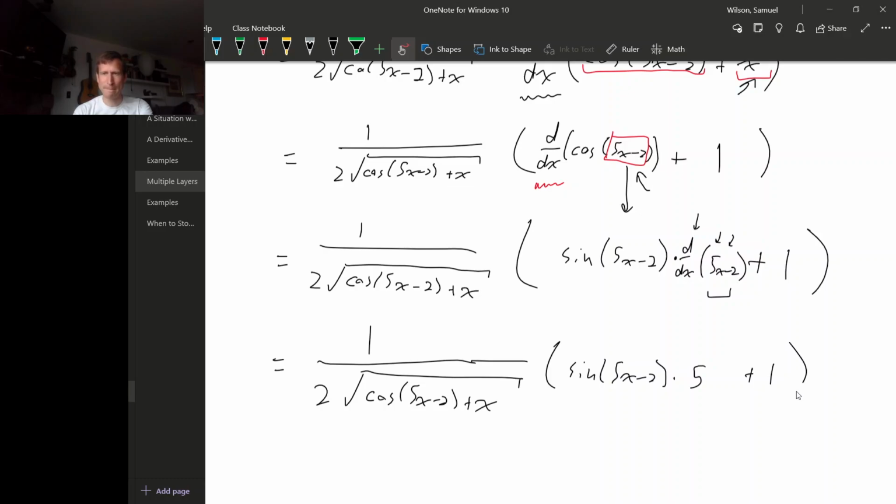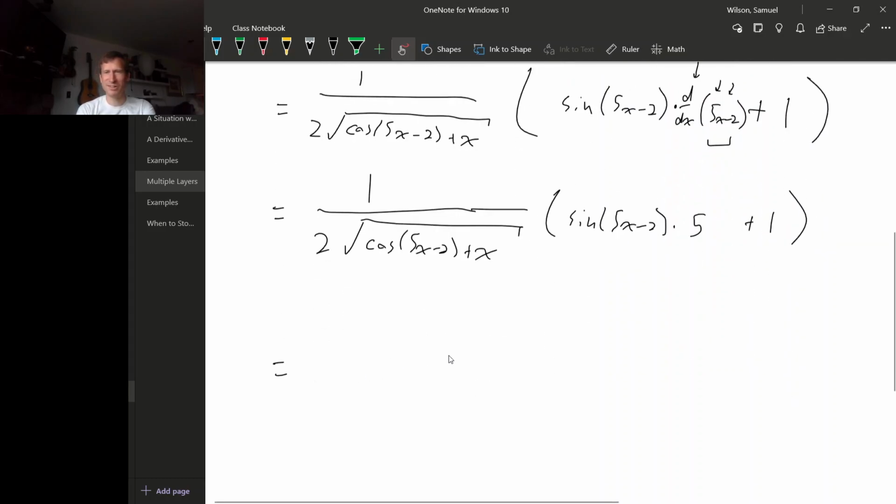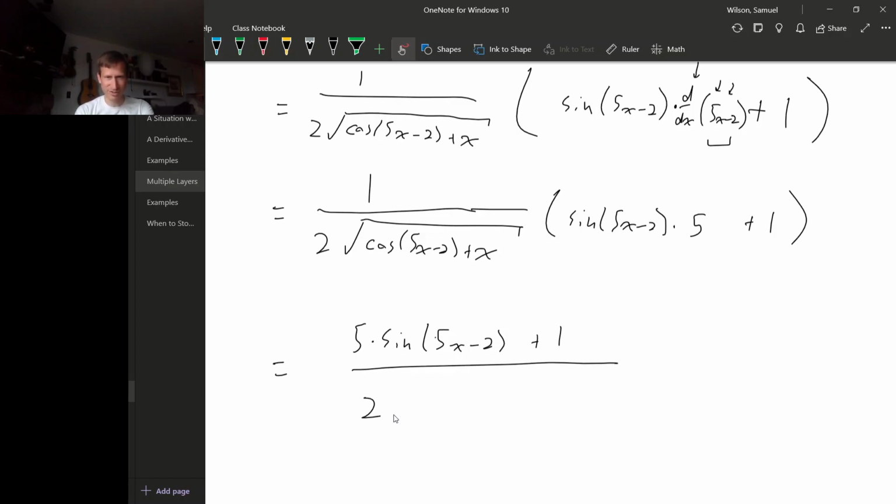Plus 1. So putting it all together, I guess we would write, probably move this 5 over here, 5 times sine 5x minus 2 plus 1 all over 2 times the square root of cosine 5x minus 2 plus x.